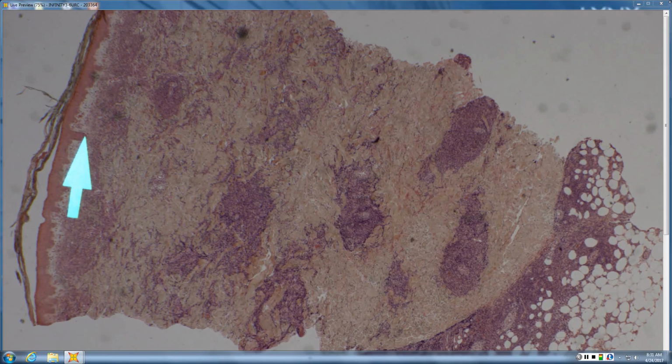So necrosis and angiocentricity suggests angiocentric angiodestructive lymphoma. All of those you're going to test for EBV because many of them are EBV positive.